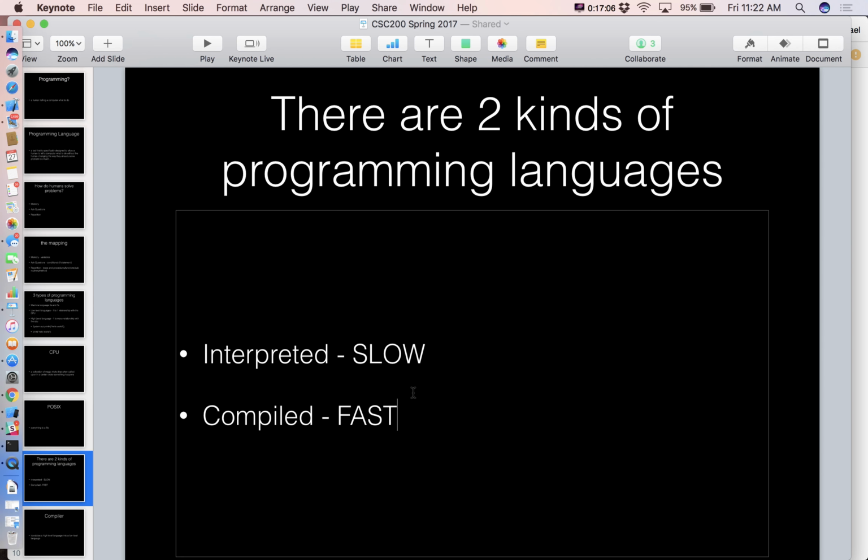But we know the difference between 1 minute and 5 minutes, right? We'll feel that. So when you do something, even if it's a little bit faster, but you do it a billion times, that starts adding up. Now we start feeling it.